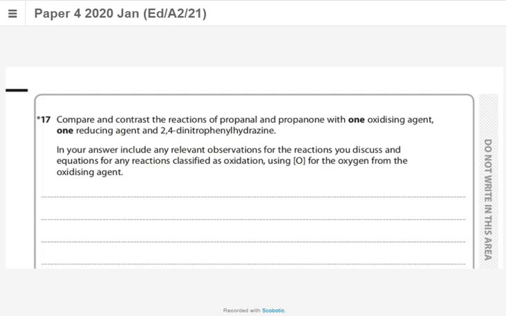For linking one point to the other, they give 1 mark. It's a bit complicated marking scheme as well. The marks are given in bands: 6, 5 to 4, 3 to 2.